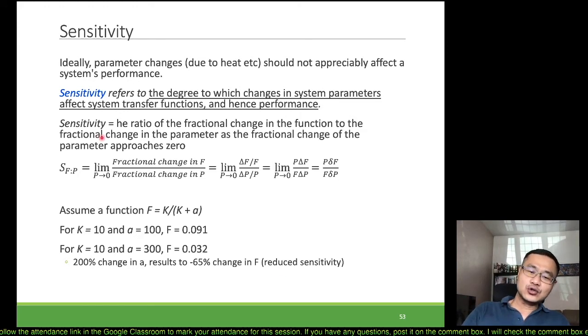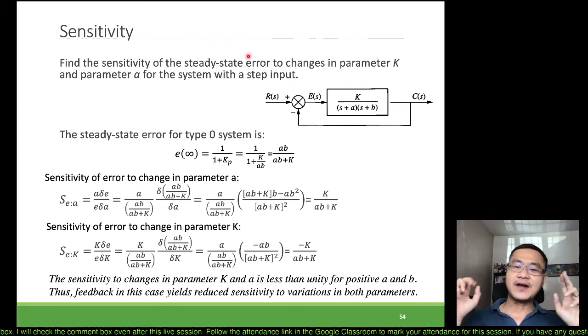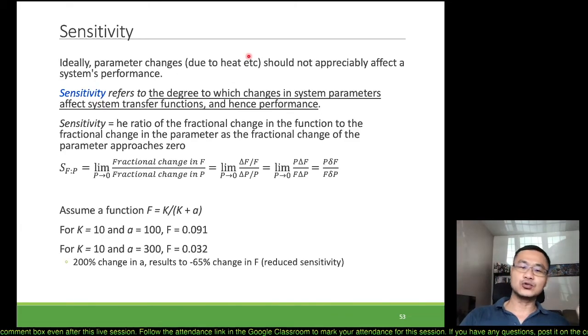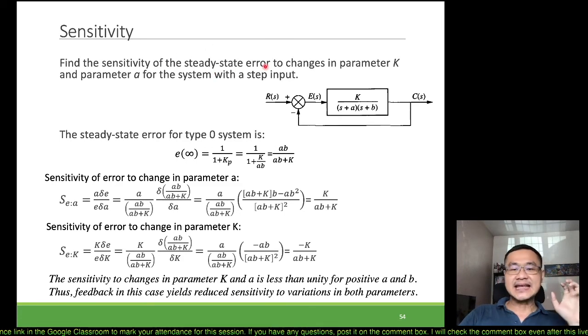So in order to use this equation, we will see another example. This example is how we would check the sensitivity of the steady state error. Now the function that we are referring to, previously f, would be our steady state error.